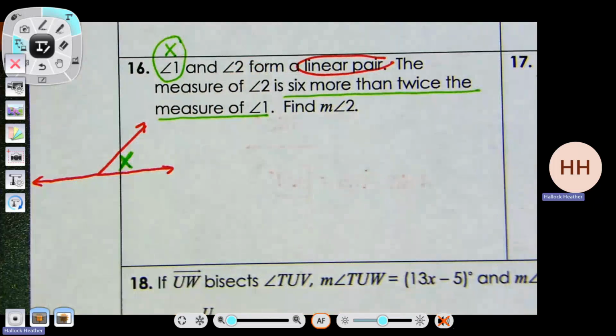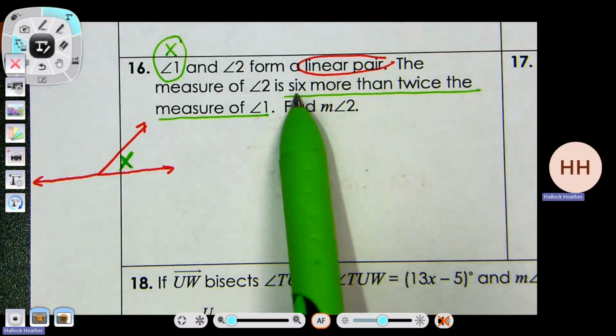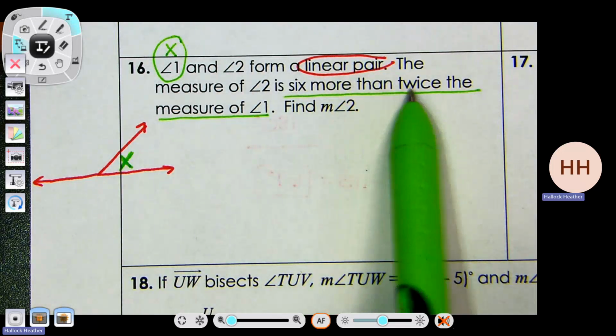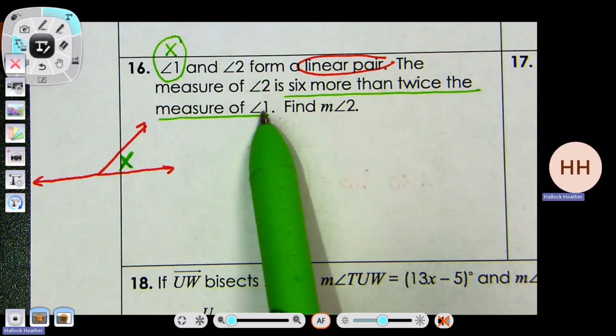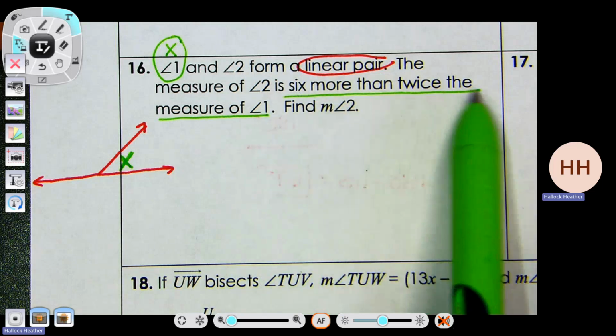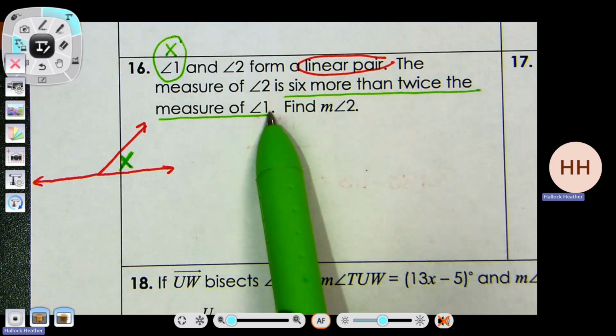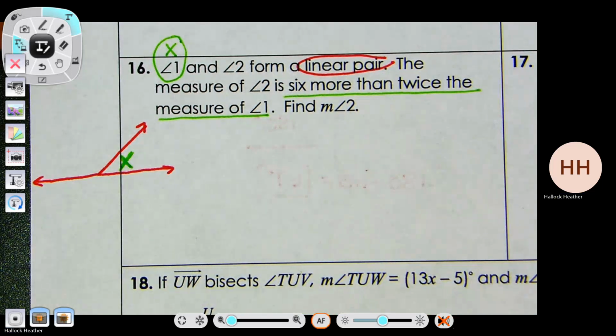Okay. Now, how could I write 6 more than twice the measure of angle 1, which is x? So 6 more than twice the measure of x. What does 6 more mean?